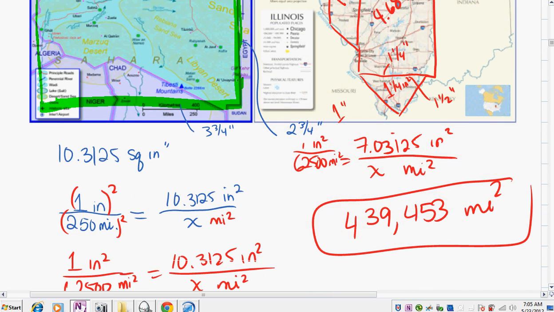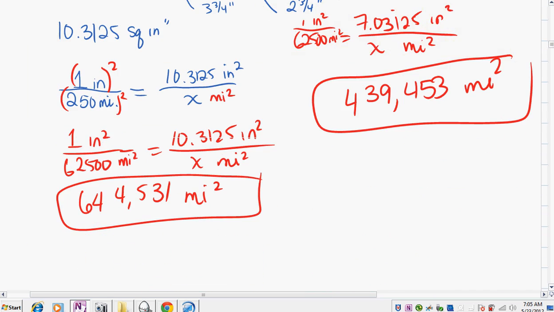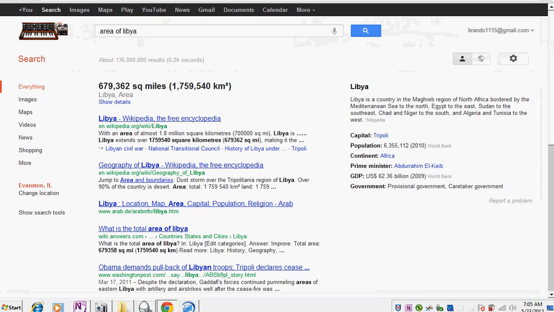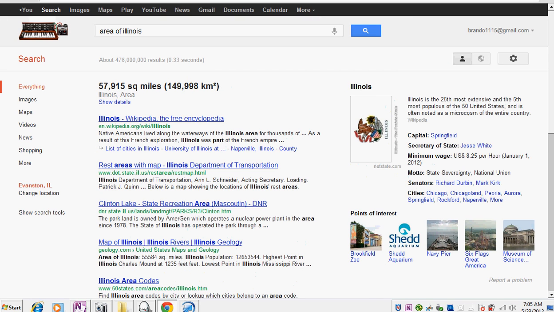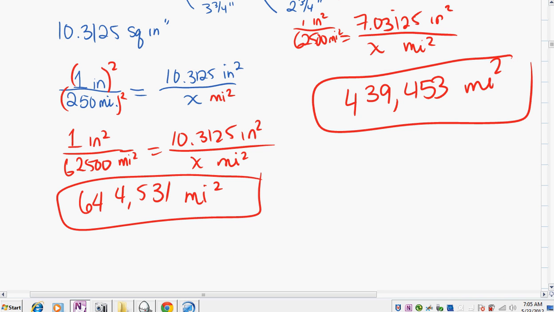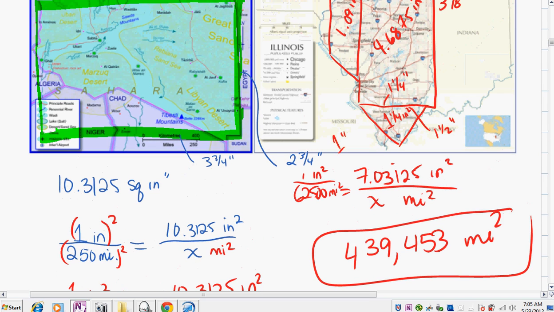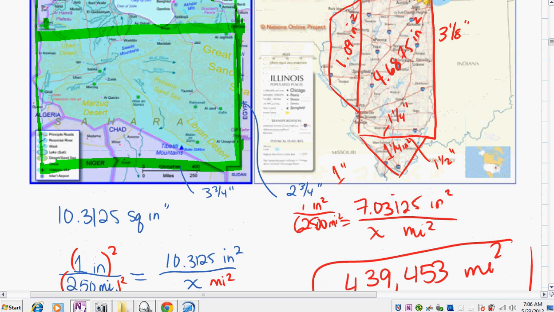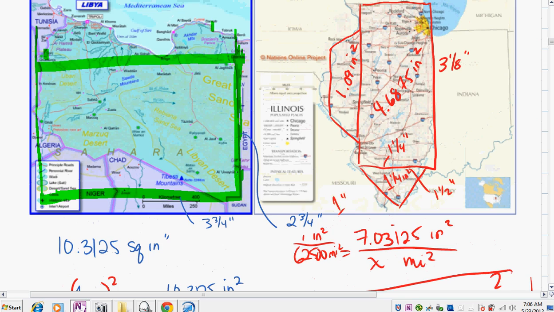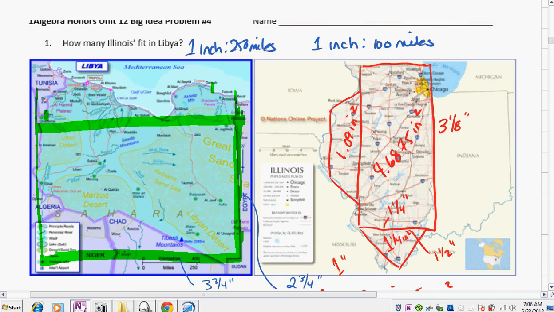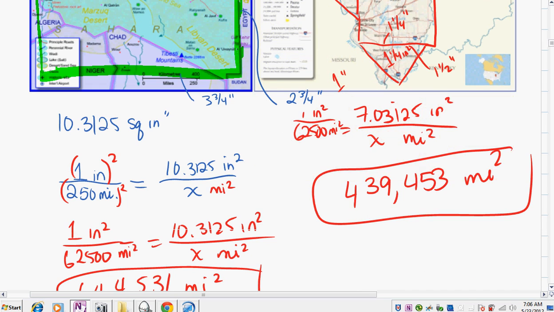Illinois, I thought 439,000. Let's see what Illinois is. 57,000. So what did I do? I misused my scale. It was only 100 miles.